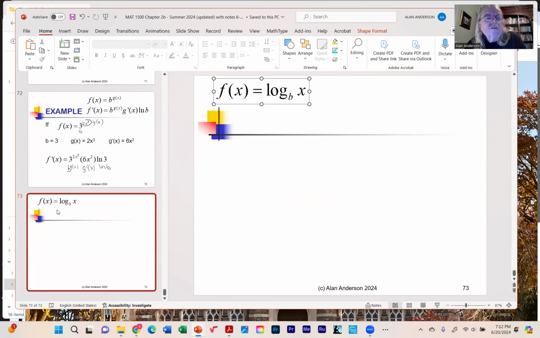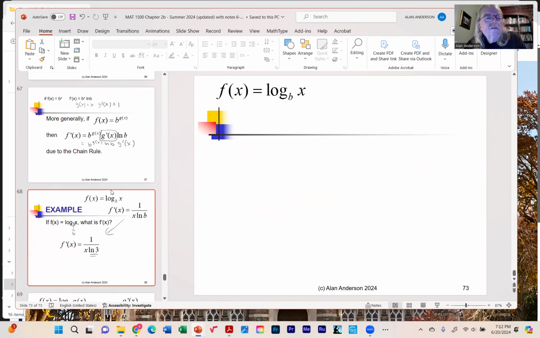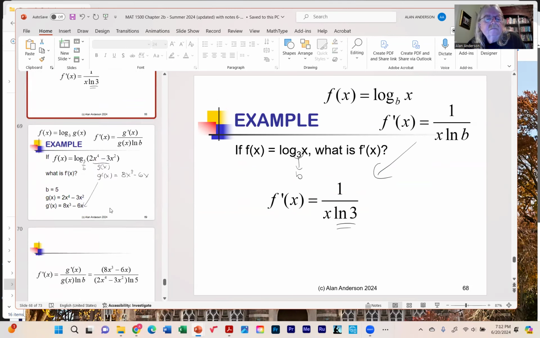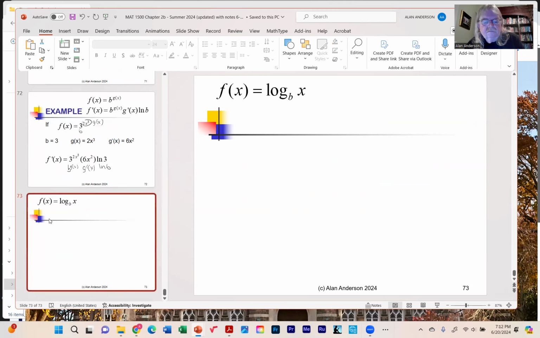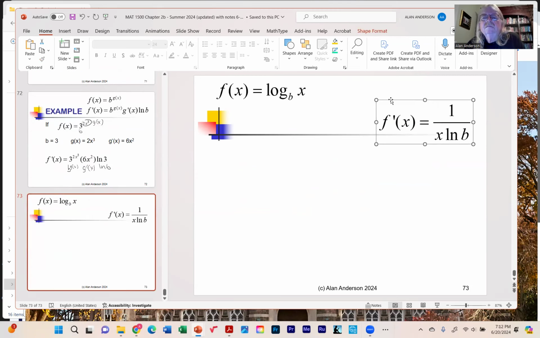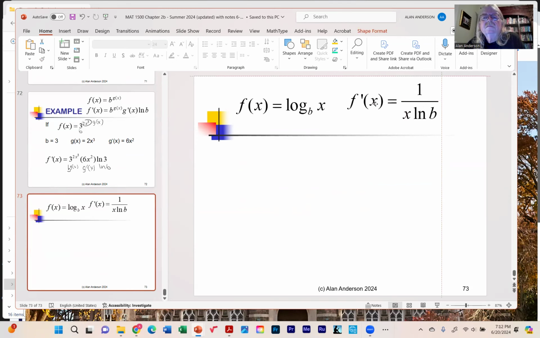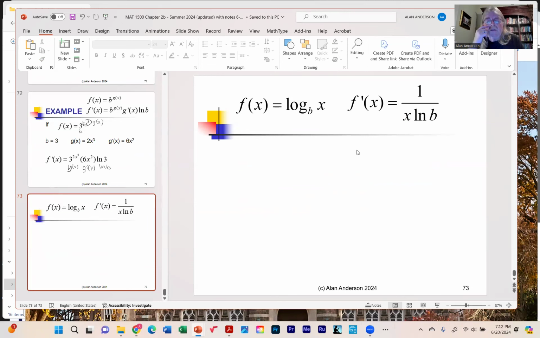We'll put the original function and then the derivative. So this is when it's the log for any base of b.